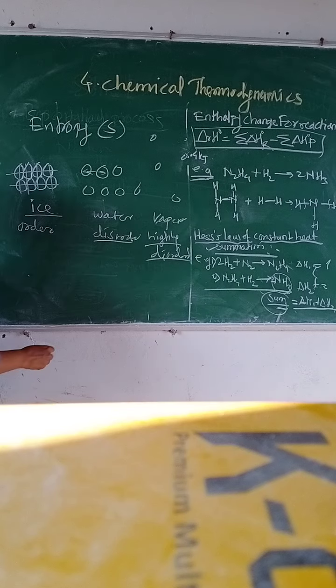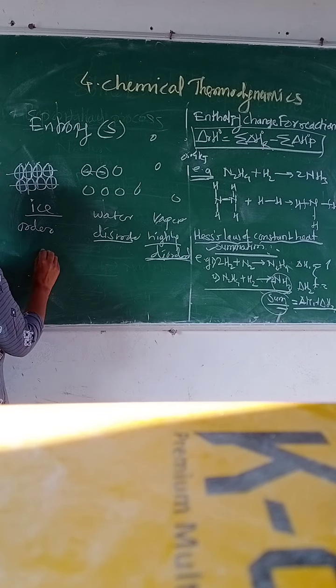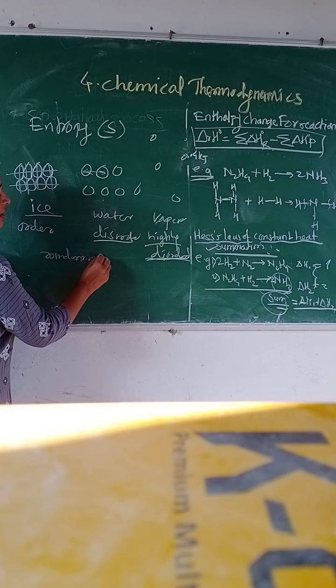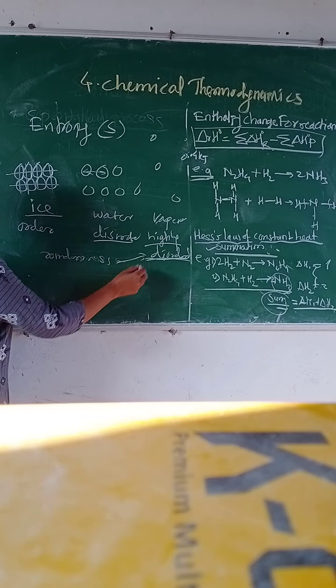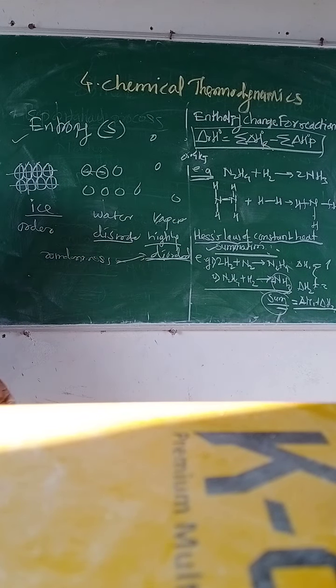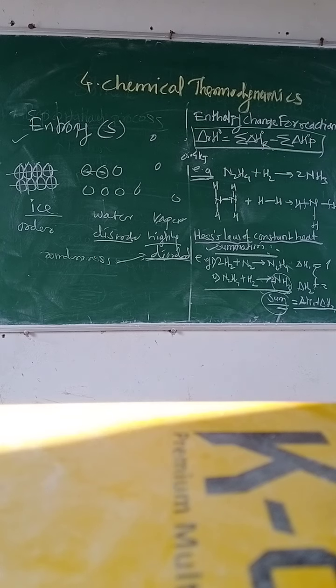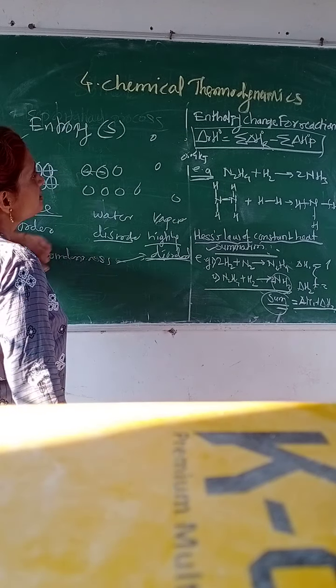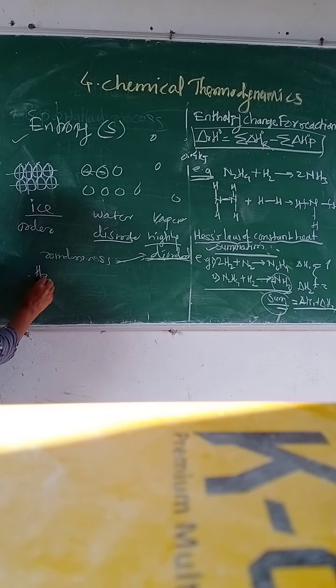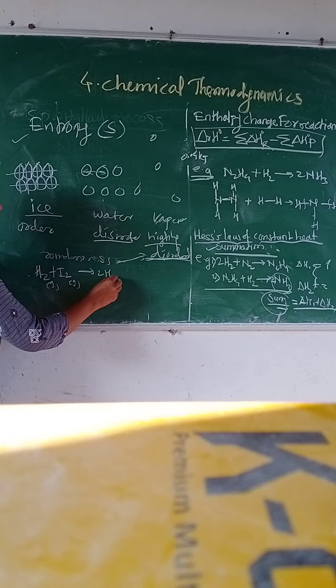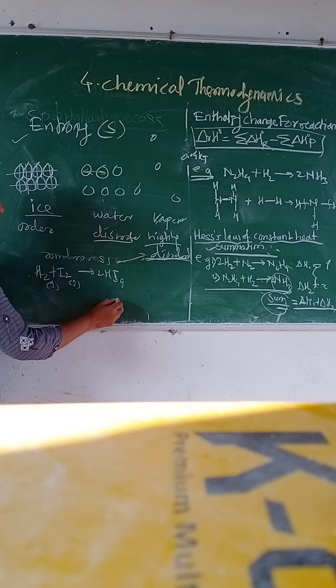The property that measures this disorderedness or randomness is the thermodynamic property called entropy, denoted by the letter S. See the example of H2 plus I2 in the gaseous state, forming 2HI in the gas phase.